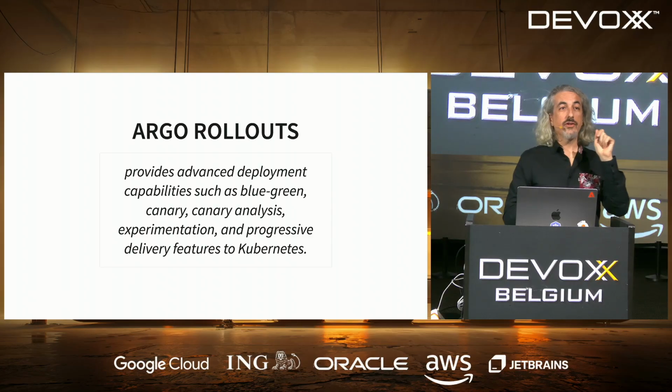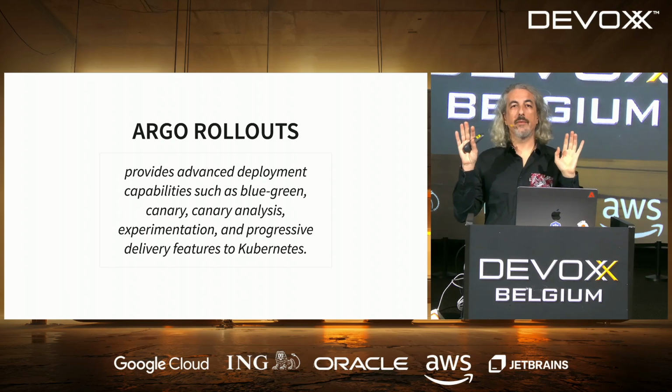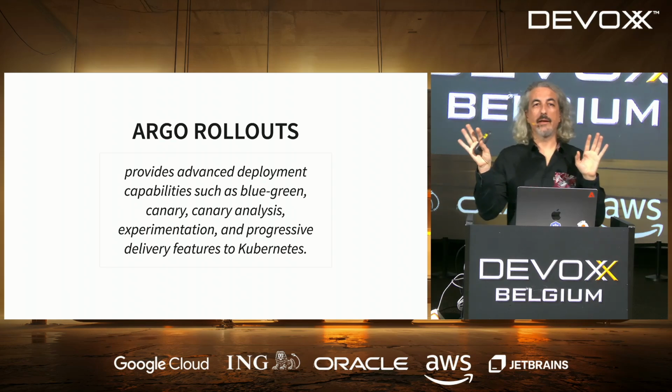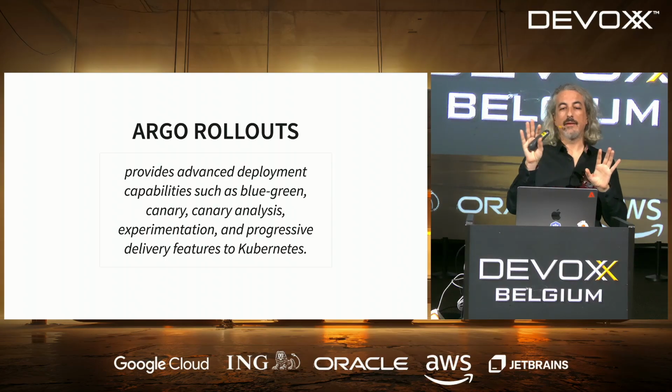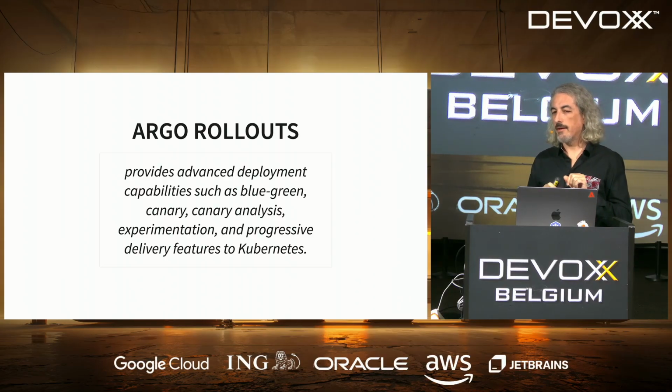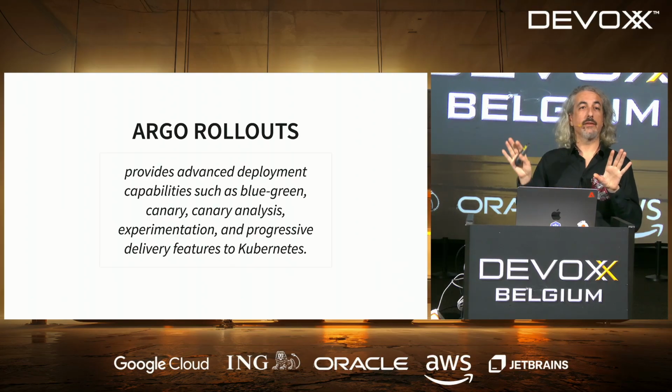Experimentation is very interesting because you can say, I want a new version to run for a period of time and then kill it, just to gather metrics. At Adobe, one of the ideas was maybe we can run Java upgrades.